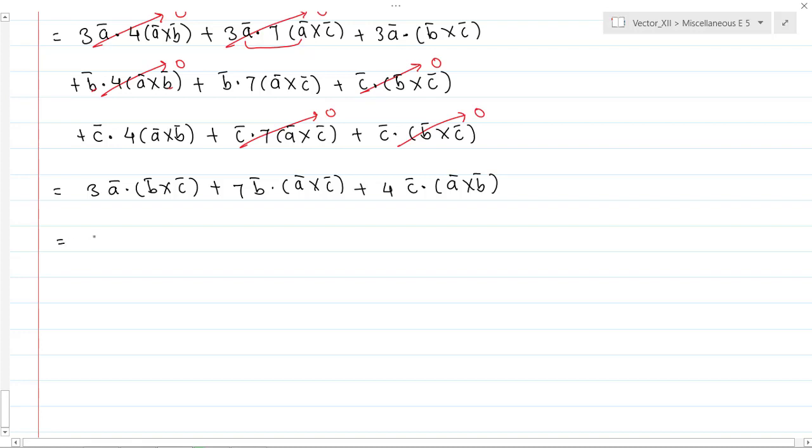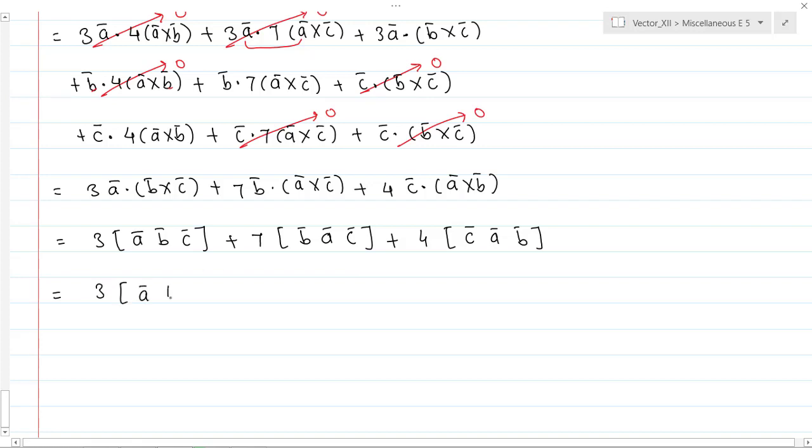Okay, so this is going to be 3 into the box product of A bar, B bar and C bar, and this is the box product of B bar, A bar and C bar, and this is the box product of C bar, A bar and B bar. Okay, but what you want to show here, now if you take all the boxes in the same fashion, ABC, let's see what we'll get. 3 into A bar, B bar and C bar plus, see here I want ABC, so here you are interchanging only one, a non-cyclic interchange.